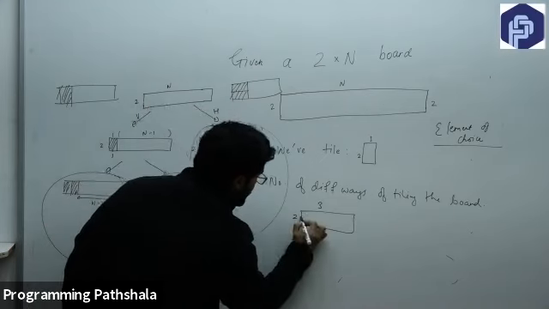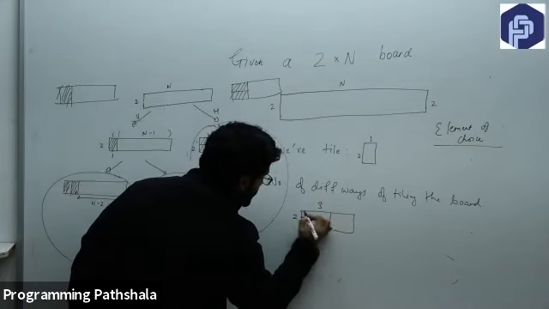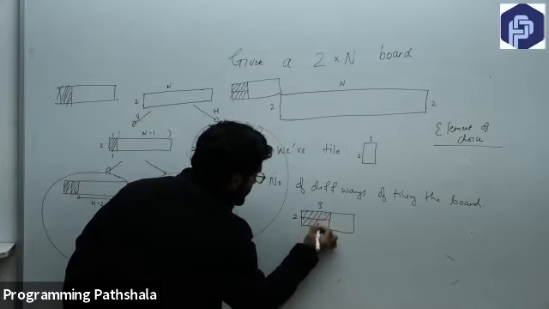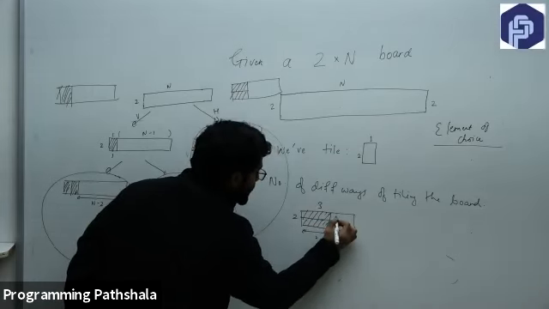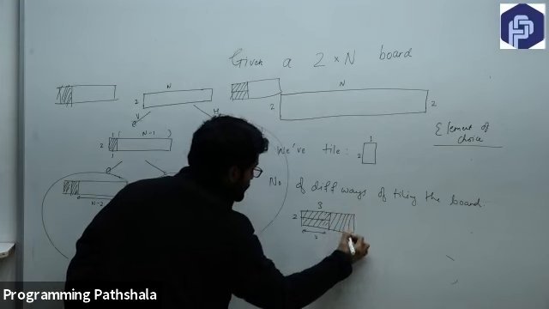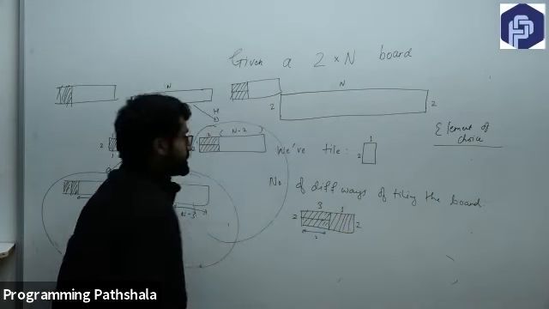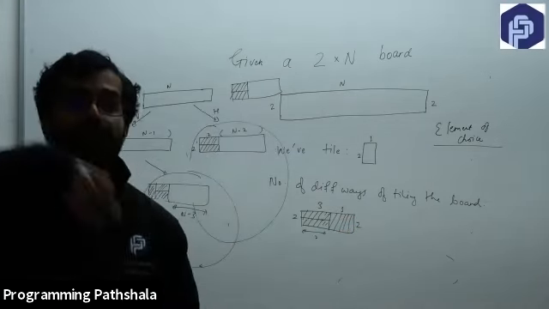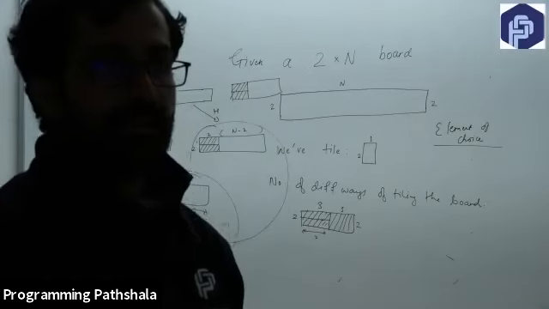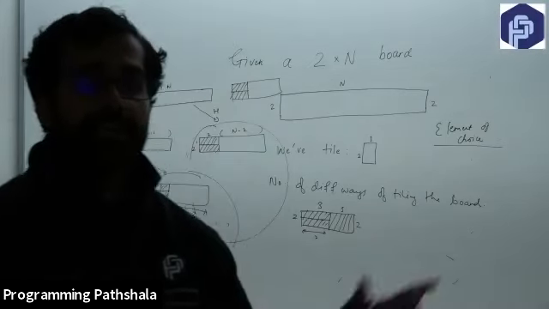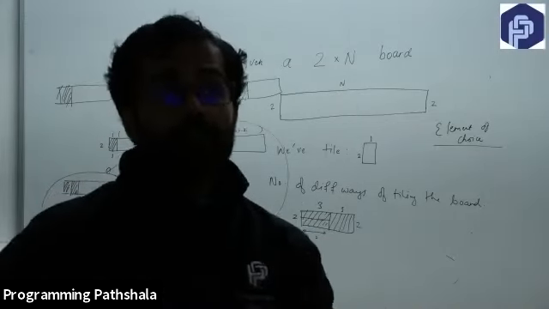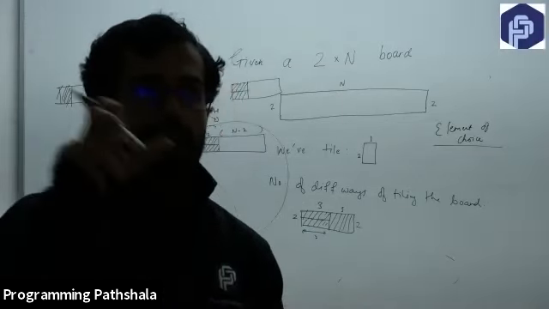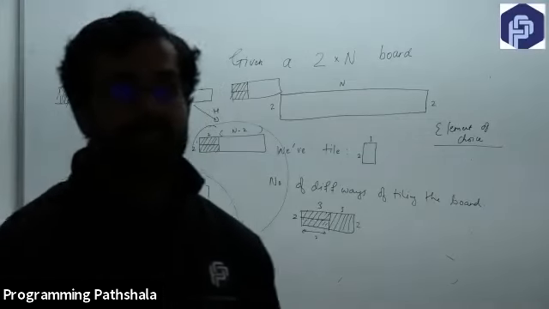If you put the first one like this, then 2 units are gone, just 1 unit of space is remaining here. You can put a 2 cross 1 over here. You will not go for another horizontal one, you will just put a vertical and finish it over there. So it will take care of all the possibilities, whether you are moving on to a remaining portion of odd length or even length.